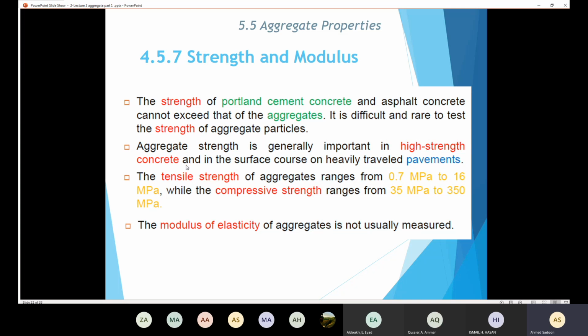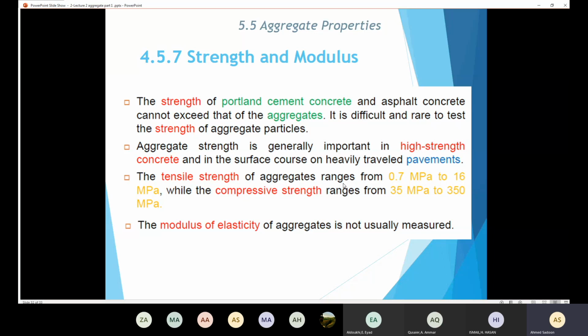We have a special type of concrete. We call this type high strength concrete. That means the concrete is going to have a higher strength than the normal concrete. In this case, it's very important to know the strength of the aggregate. But generally, it's not important to know the strength of the aggregate.